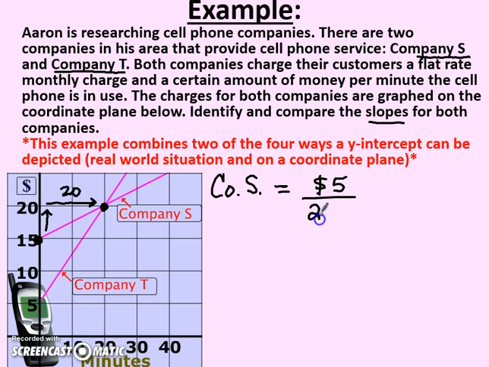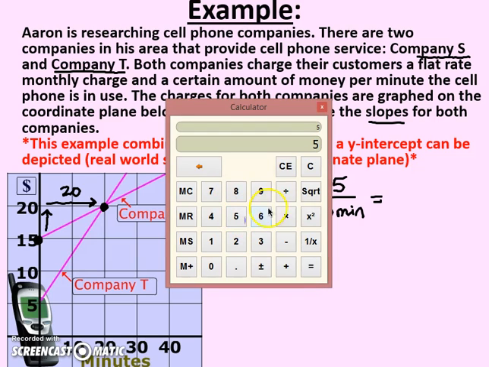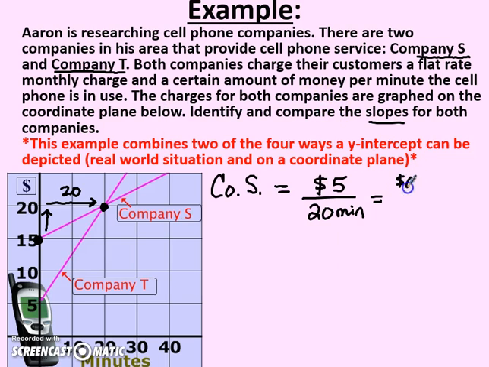So it was $5 for 20 minutes. Now remember, slope is a unit rate, so we need to divide this so we can see how much 1 minute costs. So 5 divided by 20 makes 0.25, or 25 cents for 1 minute. Now we need to do the same process for Company T.